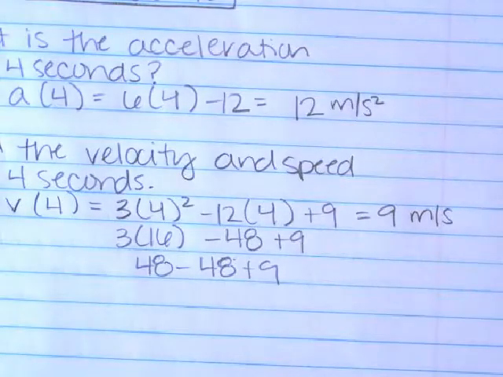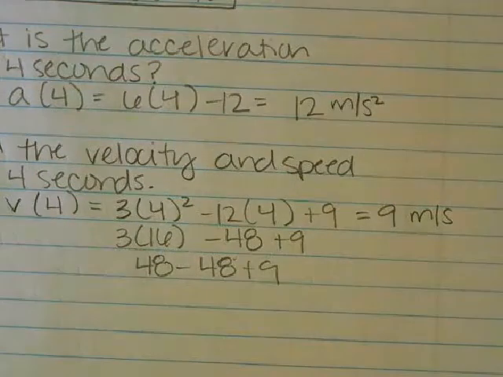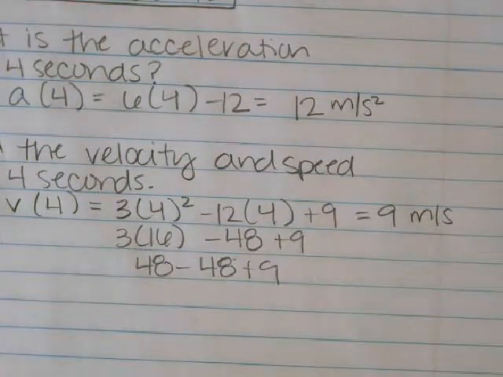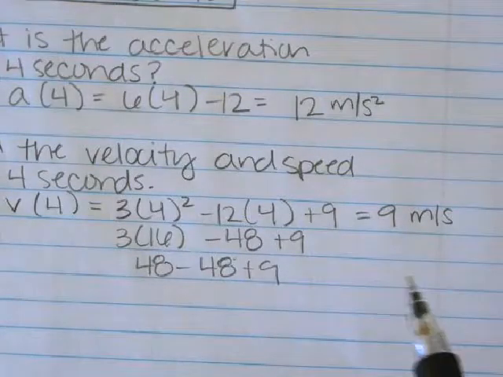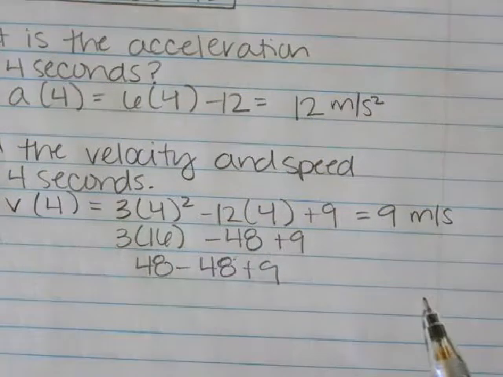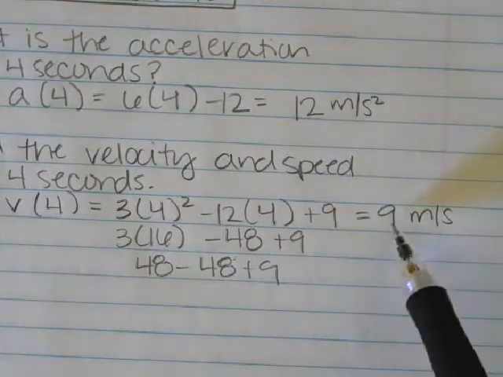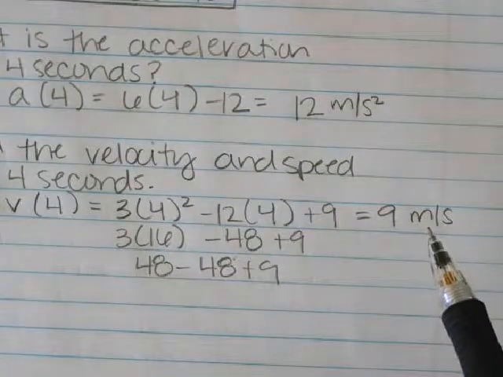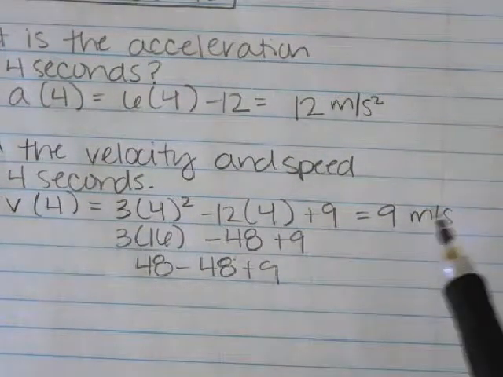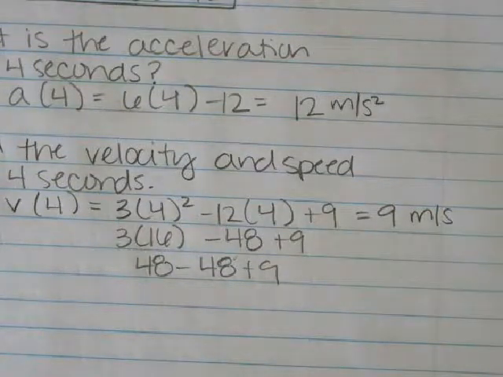Now, velocity represents two things, if you've taken physics. Velocity is a speed, but also a direction. You can go backwards with velocity. So here, when they're saying velocity and speed, that's not a redundant question. The speed is just the absolute value of whatever you get for velocity. If your velocity is 9 or -9, then your speed would be 9.